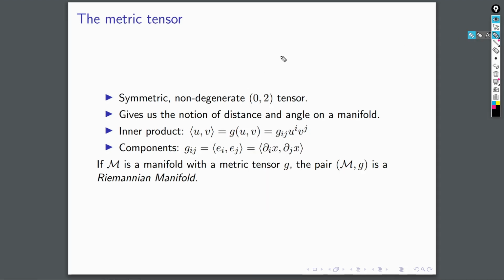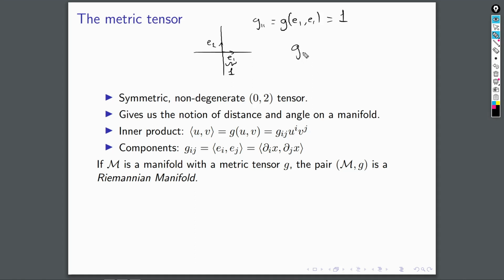So for example, if we're in R2 and we have our basis vectors e1 and e2, whatever metric tensor we choose, it better tell us that G11, which is equal to G of e1, e1, better be 1, because we know physically the length of this guy is 1.